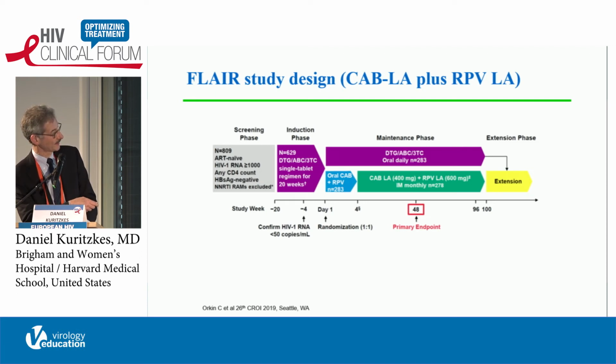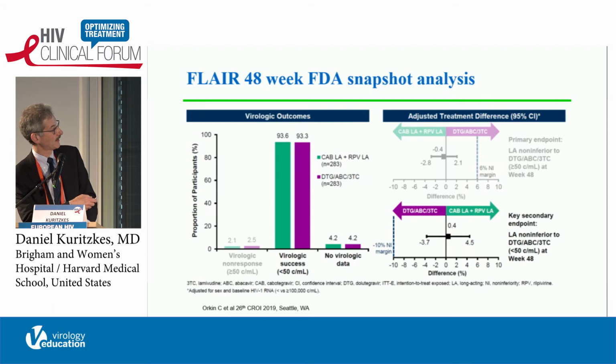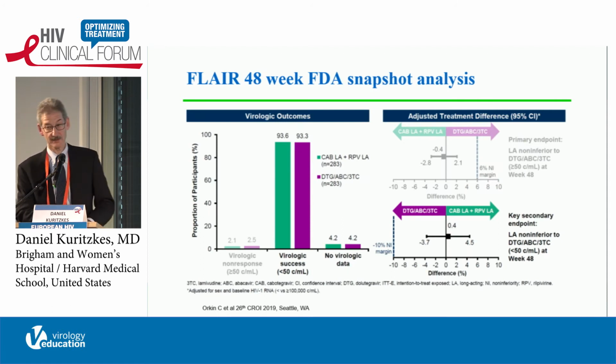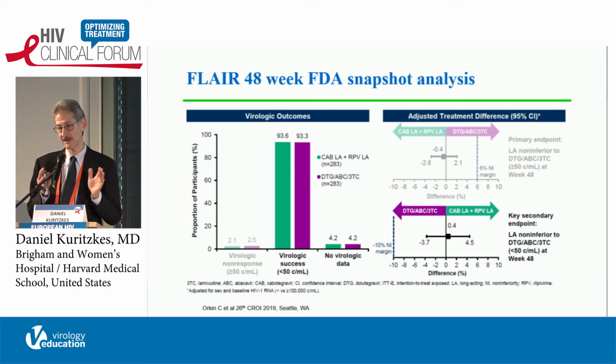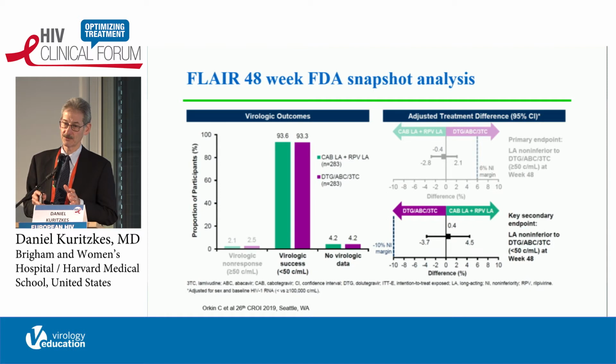The primary endpoint was at week 48, and these are the 48-week data showing the FDA snapshot analysis. Now here, the analysis is slightly complicated because the participants were suppressed on the triple drug regimen when they switched to the 2-drug injectable.